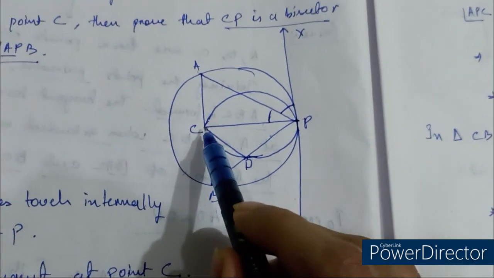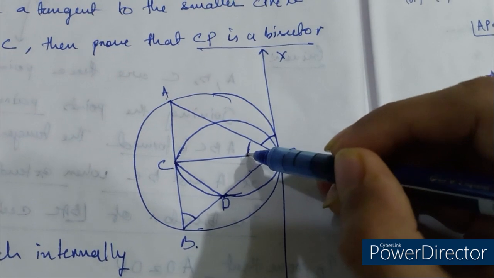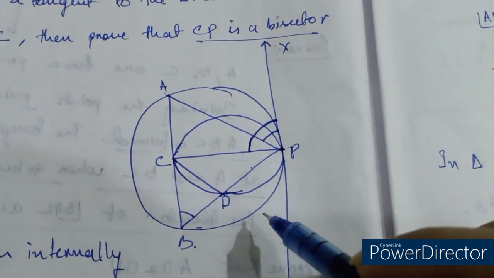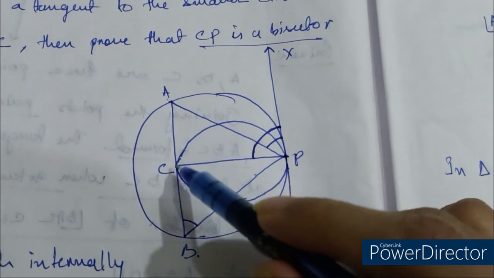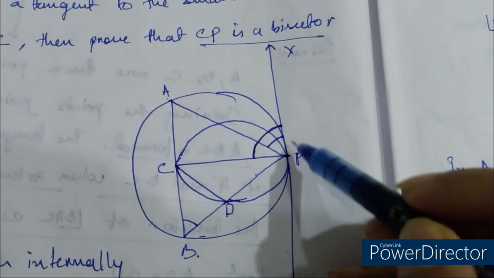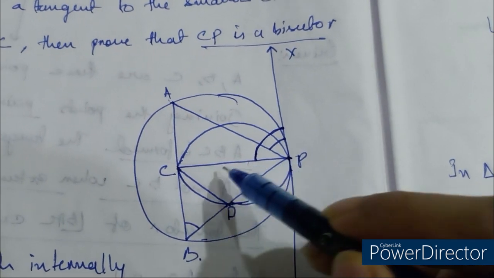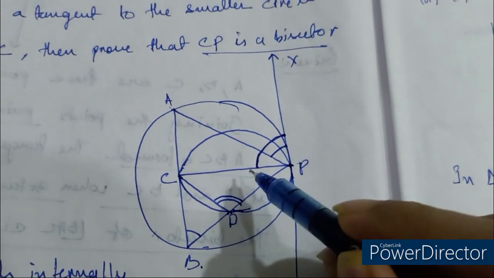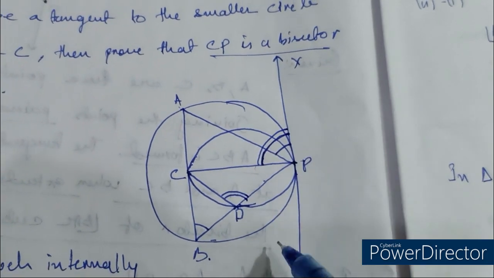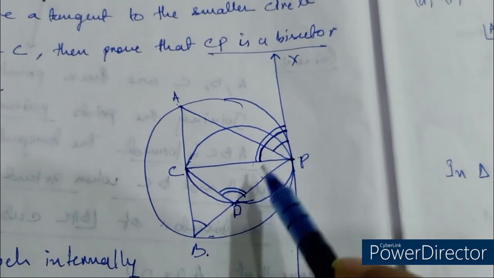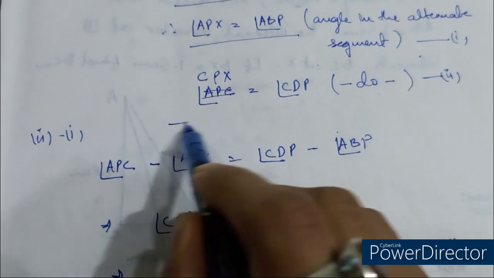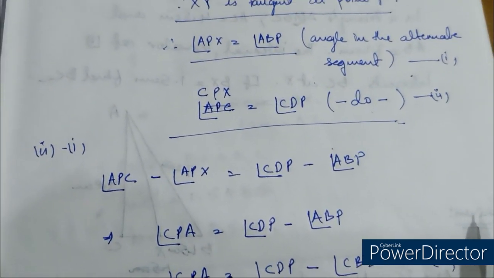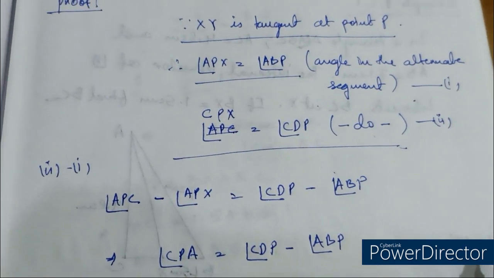This whole angle CPX will be equal to, for this circle, CP is the chord, this whole angle will be equal to the angle in the alternate segment, CDP. CPX, not APC, it will be CPX is equal to CDP.